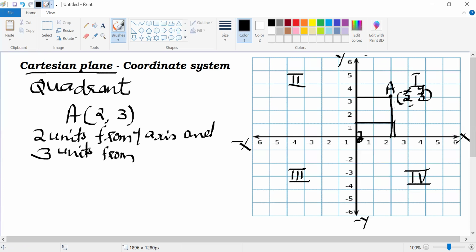We are counting from here, 3 units from the x-axis. So this is the x coordinate, this is the y coordinate.